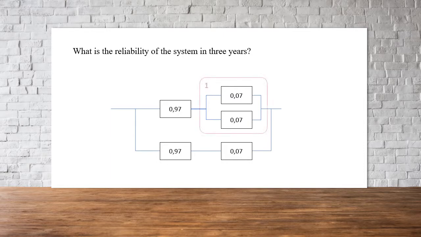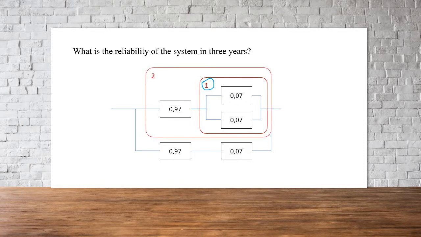This is my suggestion: when you want to calculate the reliability of the whole system, try to divide it into subsystems. In this exercise, we first calculate the probability of the first part, number 1.